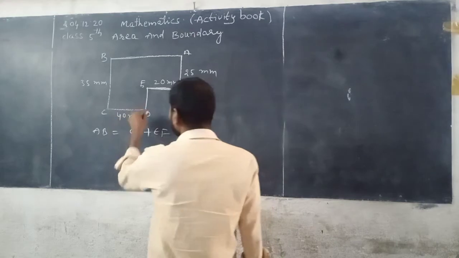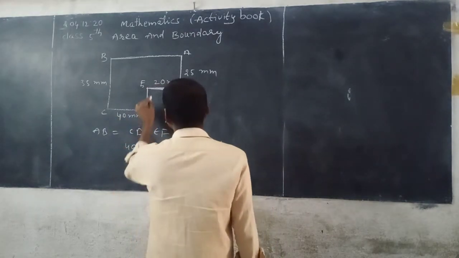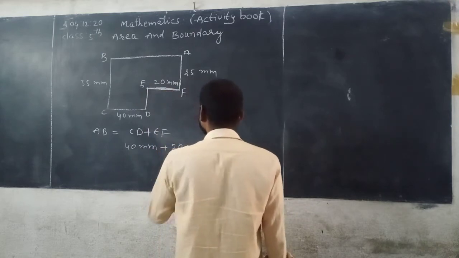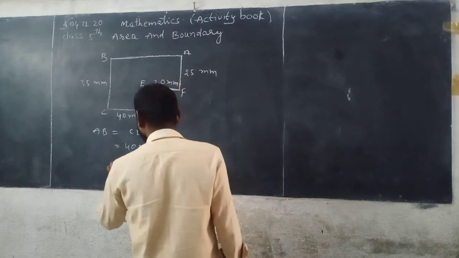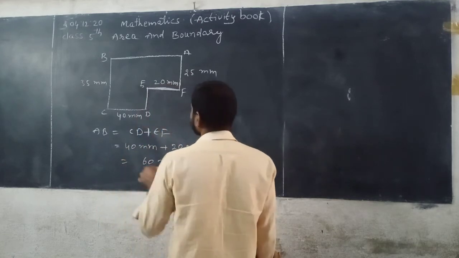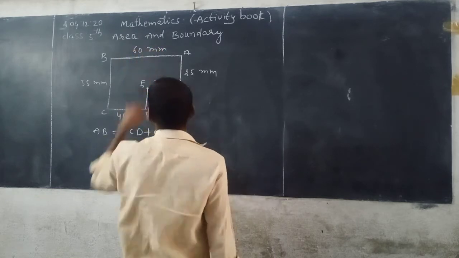CD is equal to 40 millimeter plus EF is equal to 20 millimeter. Then you get 40 plus 20, 60 millimeter. So you can write here 60 millimeter. Write down, everybody.